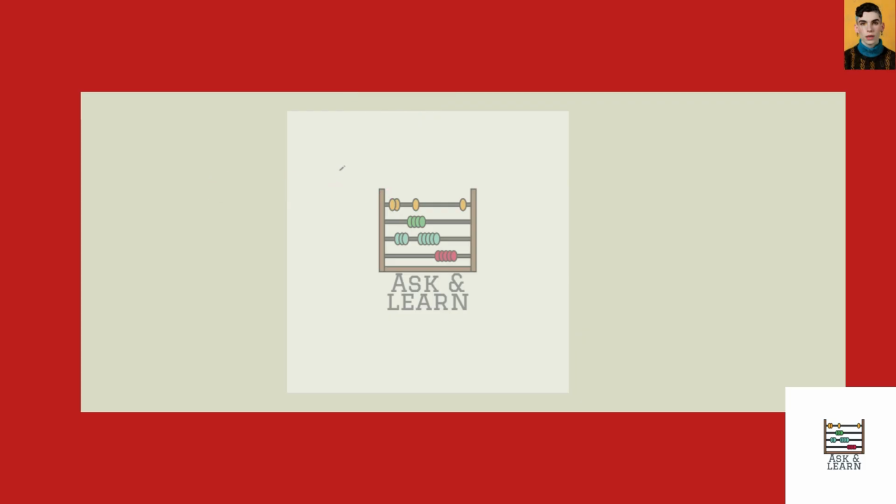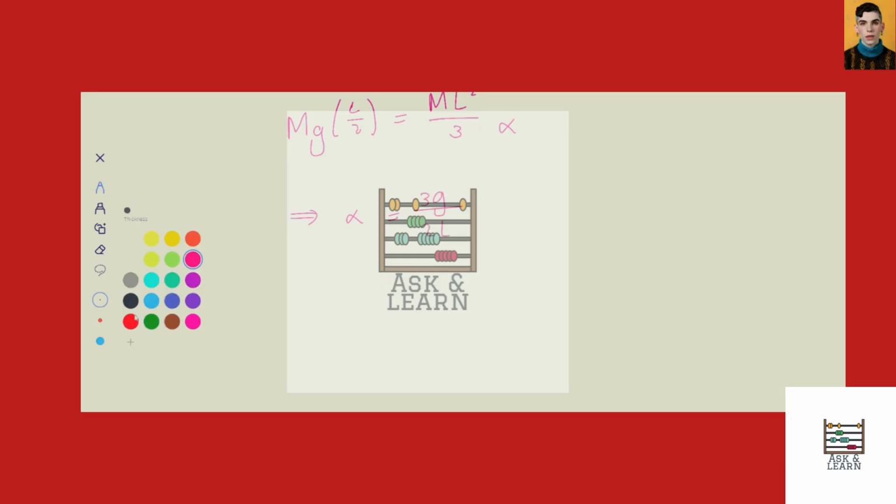So in the horizontal direction, we have the torque mg times L over 2, which is the torque due to the weight, is equal to mL squared over 3 times alpha. So from here we can see that the angular acceleration alpha is equal to 3g over 2L.